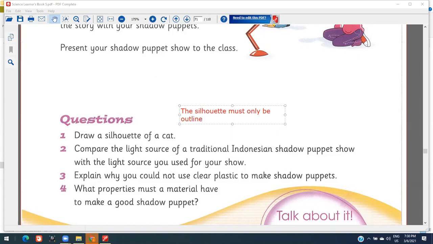Of the cat. Must only be the outline of the cat. Shaded in black when you're making a drawing. Because silhouette is actually, you can say, the shadow of the cat.